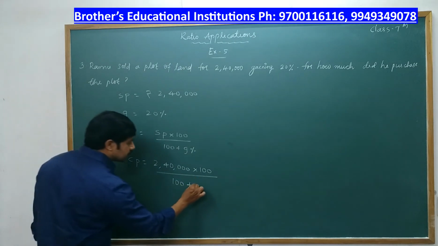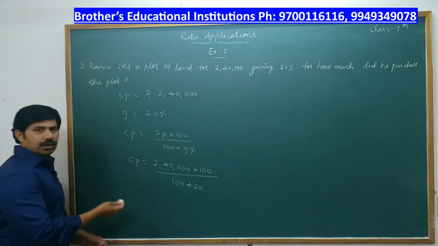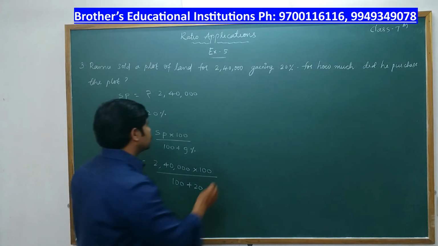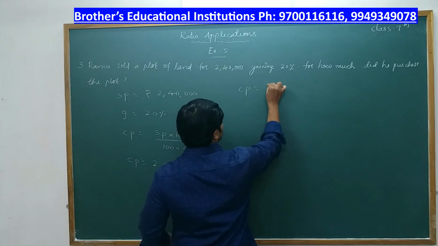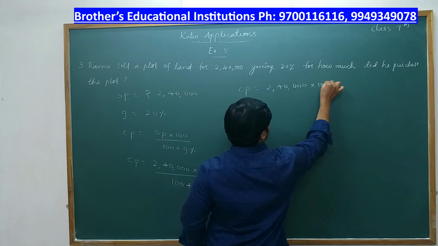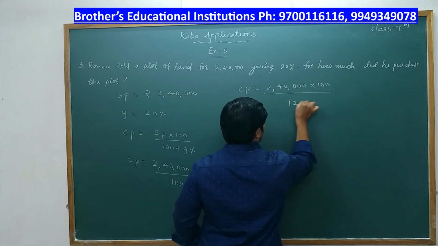So what is gain? It is 20%. Just write 20. Now 100 plus 20 will become 120. So the cost price is equal to 2,40,000 into 100 by 120.